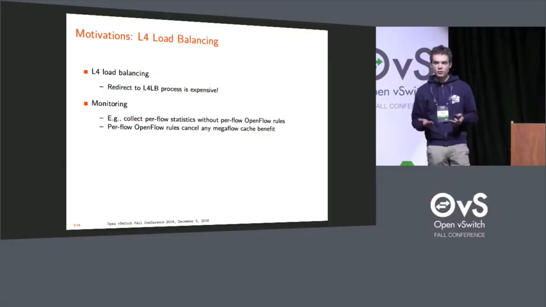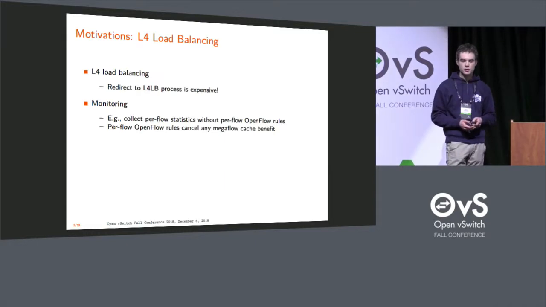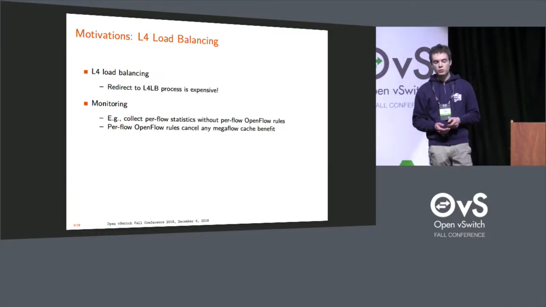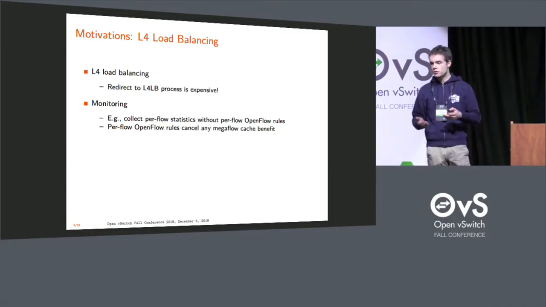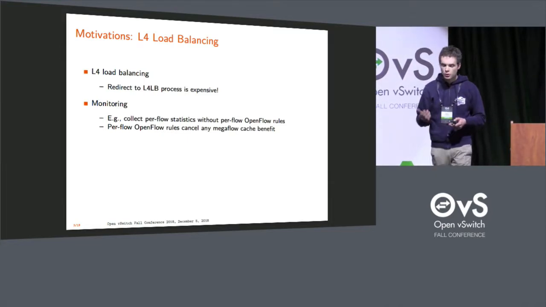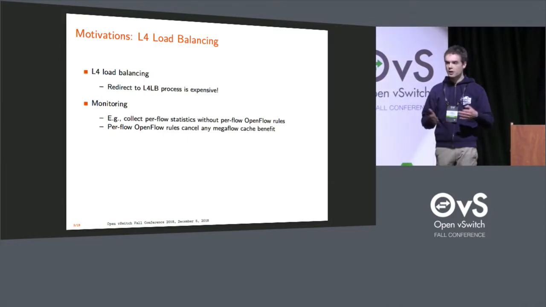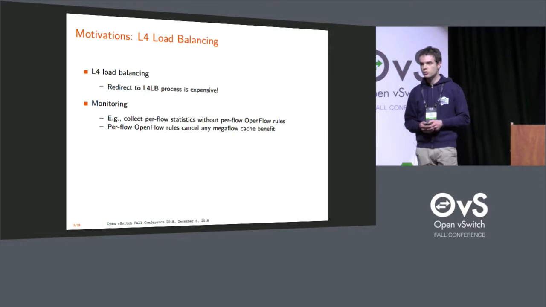The issue is that if we define one OpenFlow rule per flow, we lose any benefit from the megaflow cache, because we have one rule per flow, and that's the same as the microflow cache. We would like to be able to collect per flow statistics, or counters, or anything like this, and aggregate them, sending them back to the control plane.